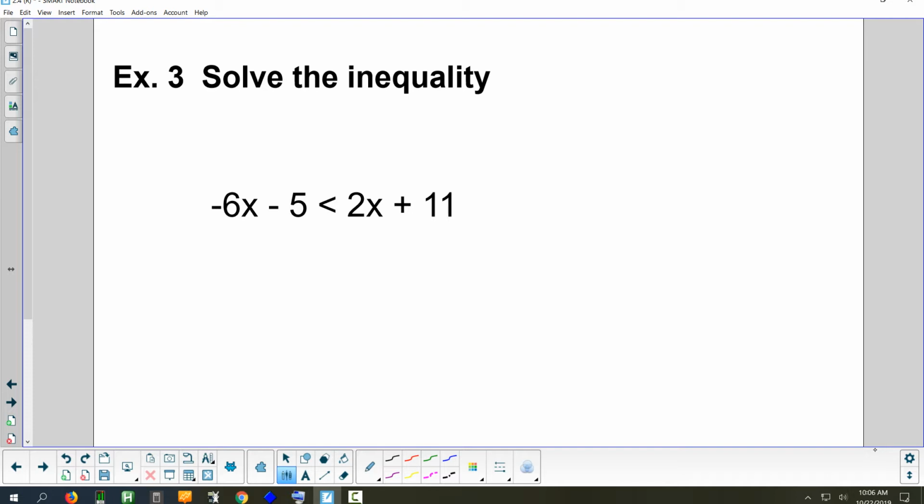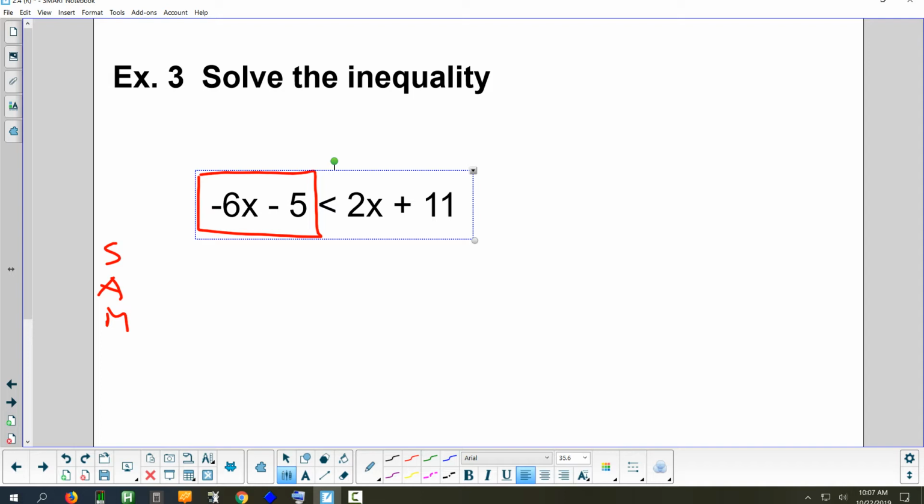All right, so first step here, do I have any distributive property? Yeah, we'll talk about like terms next, but is there any distributive property first? No. No parentheses. Now, do I have terms on the same side that can be combined together? No. Look on the left. That's a term with a letter and a term with a number.